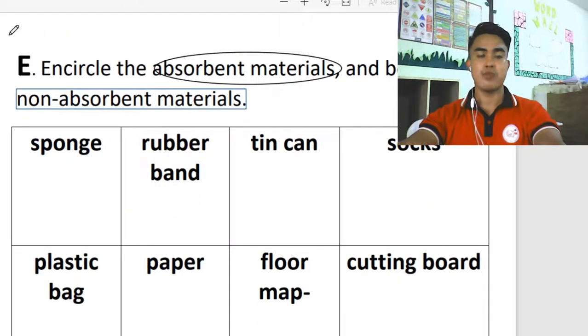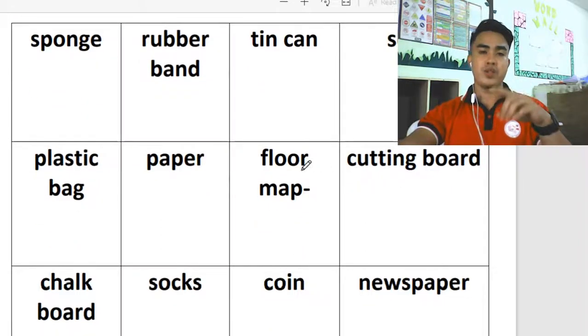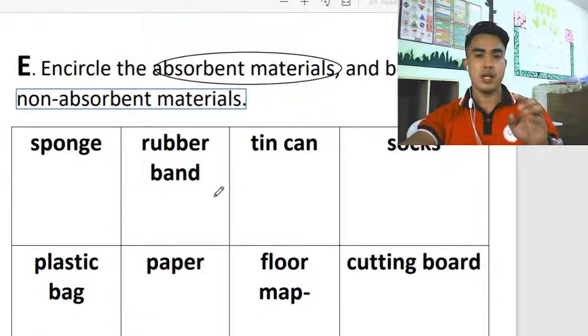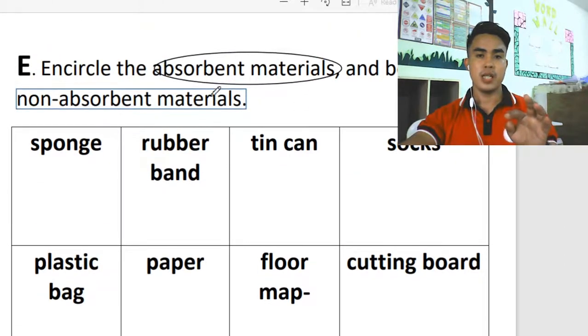Next, let's proceed to activity E. Encircle the absorbent materials. So when you see some of these things in here, if it is absorbent materials, then you are going to encircle.